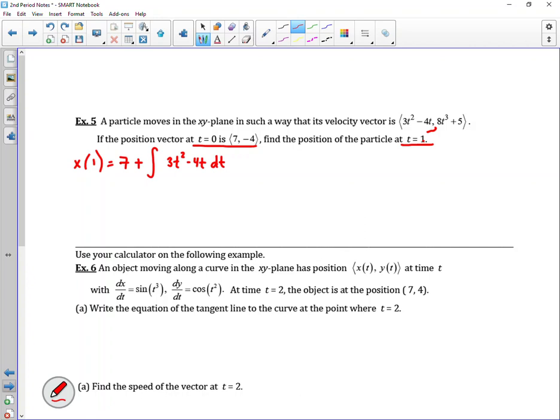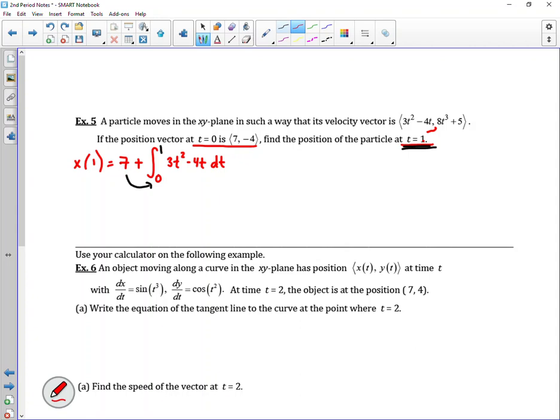And I'm going to integrate from my value I know, 0. So at 7, I'm at 0, right? At t equals 0. And then the 1 is going to be where I want to be at the end. So that's going to be 1. Okay. So that's x of 1.